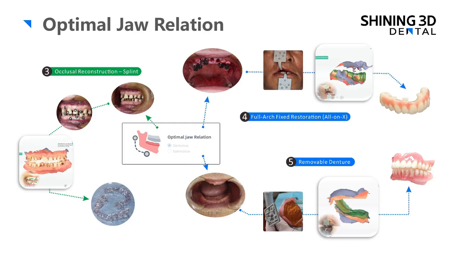And for removable dentures, the case is the same as the fixed implantation cases. The patient doesn't have any usable jaw relation. For those kinds of patients, we can use the optimal jaw relation to reconstruct the jaw relationship in order to design the dentures.